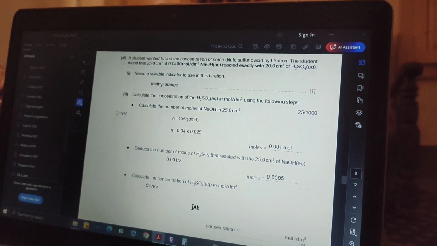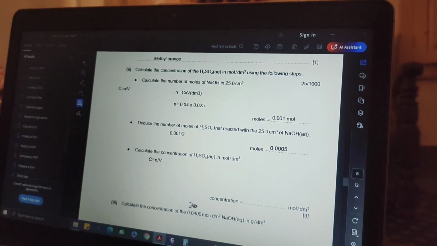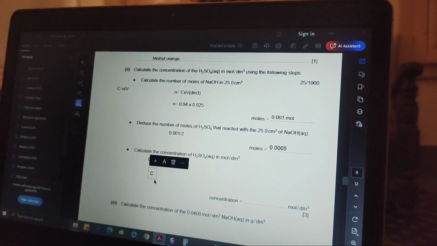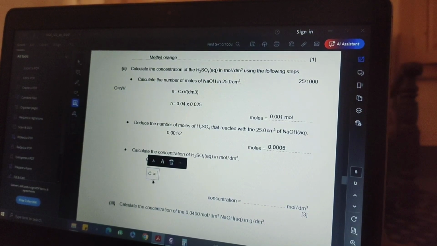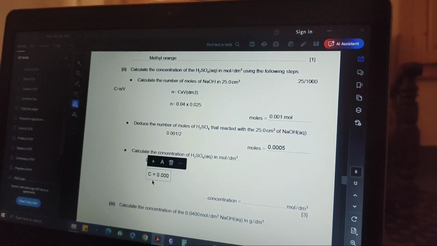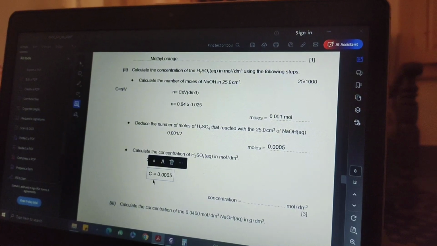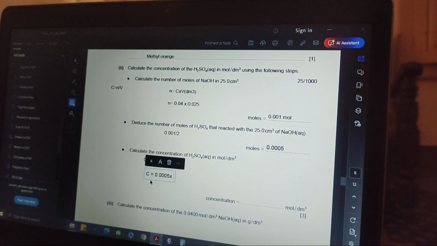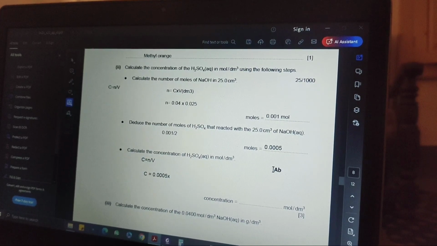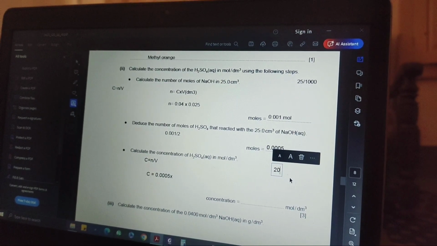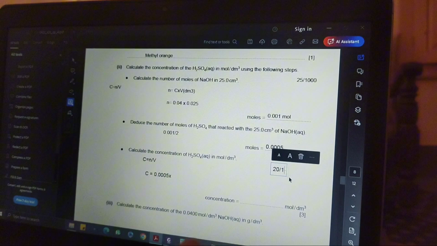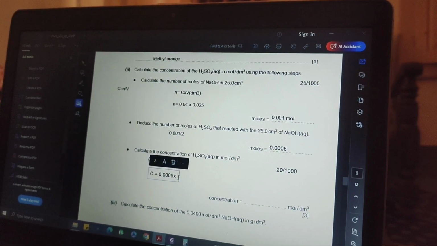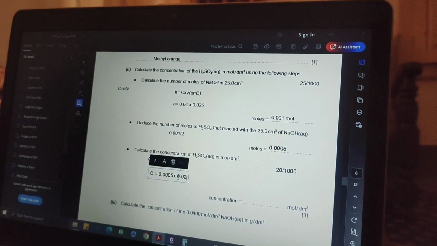When 20 cubic centimeters is converted to decimeter cubes, it will be 0.02.